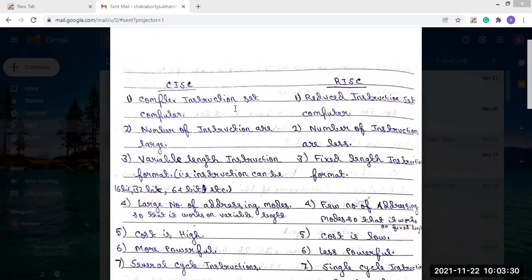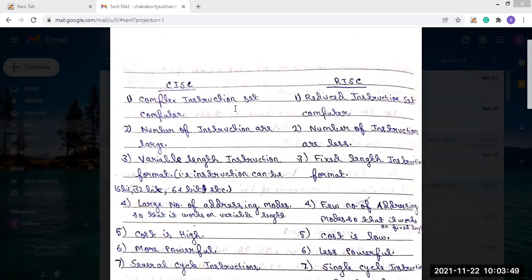Now, a large number of addressing modes is required for CISC. Why? Because CISC works on the variable length instruction format.